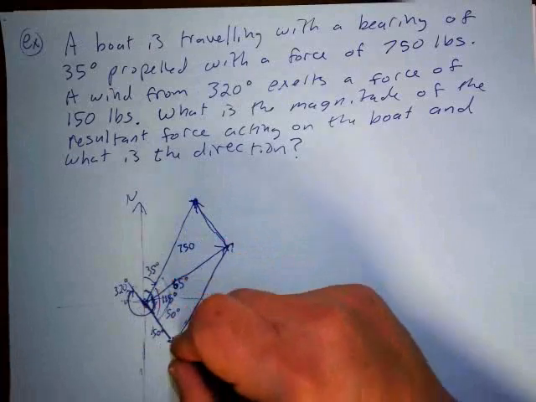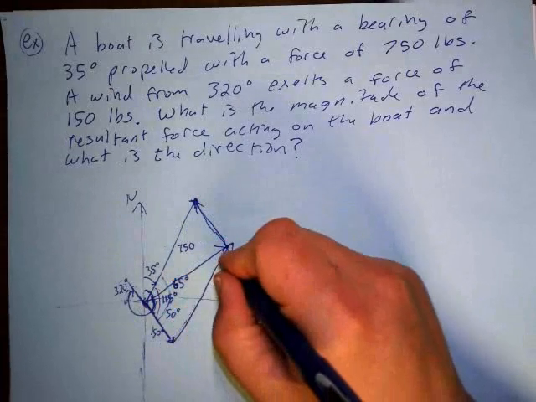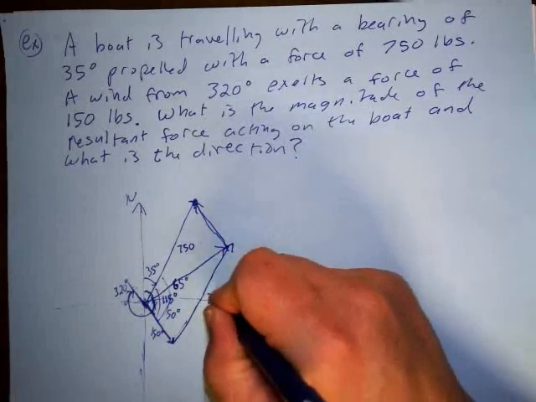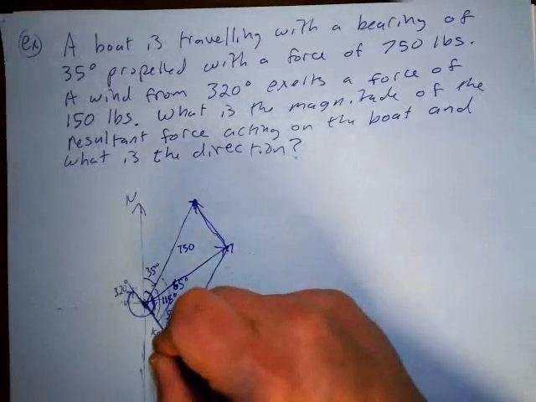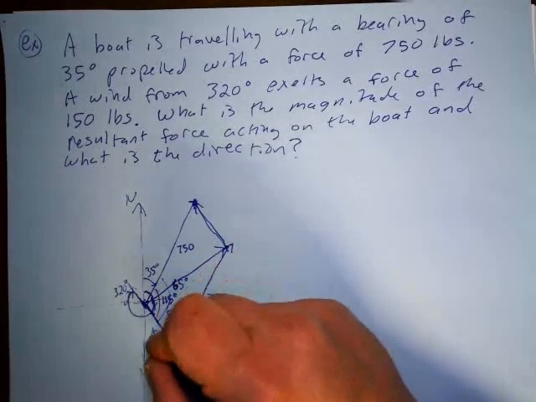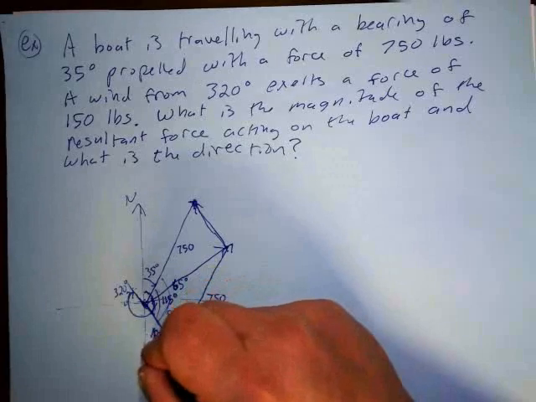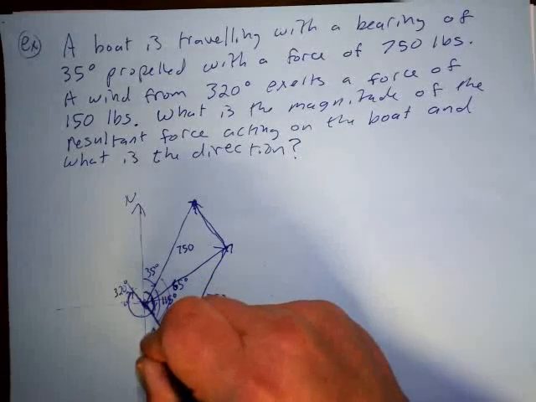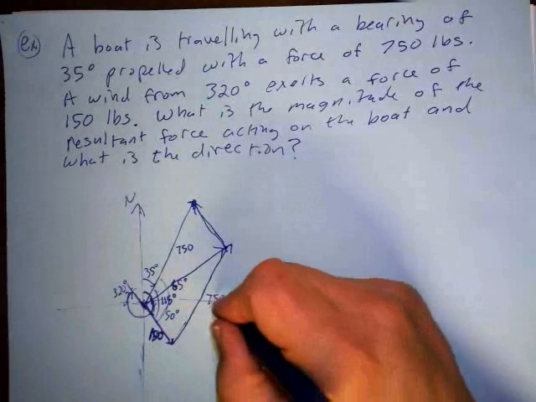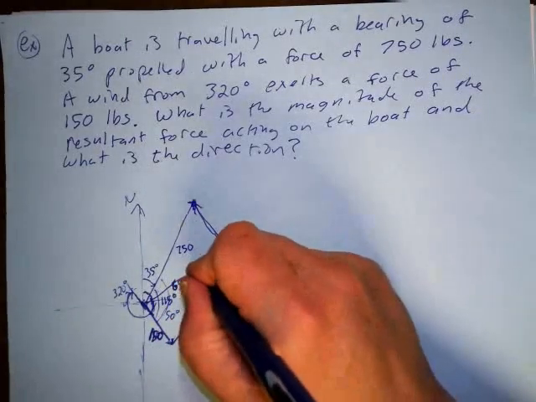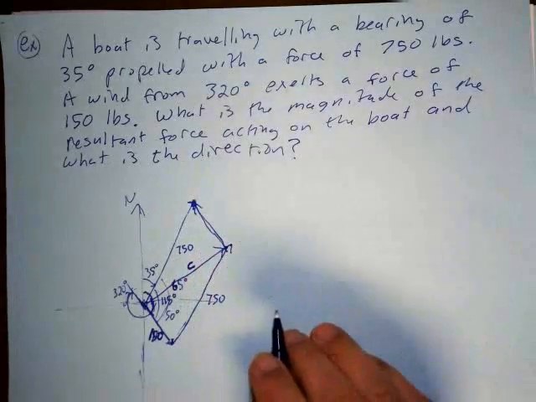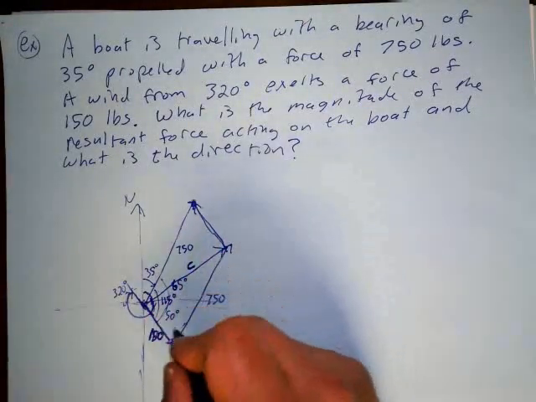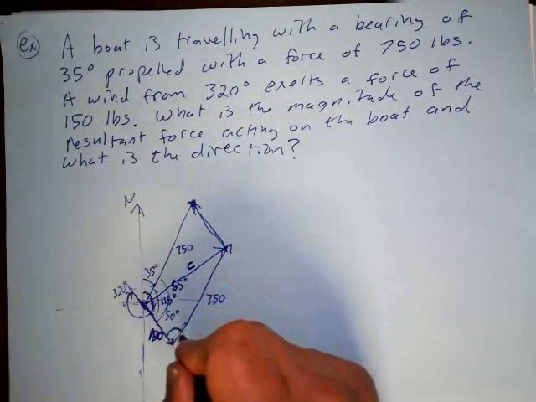This is 150 pounds and this is 750 pounds. We have to use the law of cosines here, so I'm going to call the resultant C.